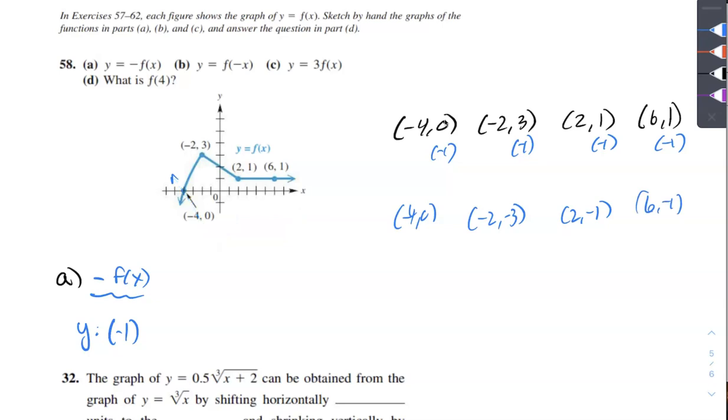So if I graph it with that in mind, I still start here. I go (-2, -3), I go (2, -1), and then (6, -1). So I guess it looks like this. It's a little better.